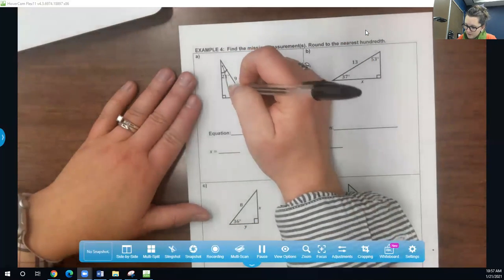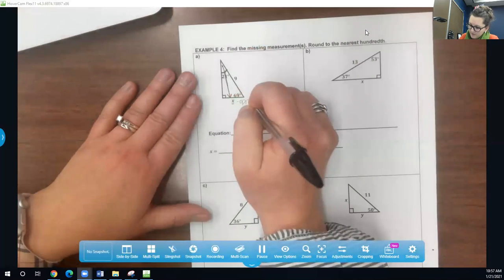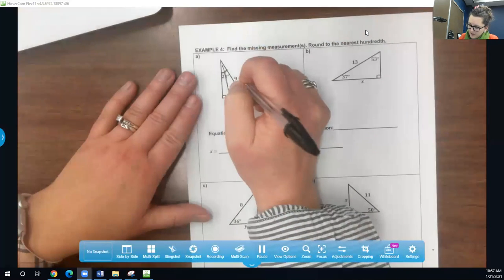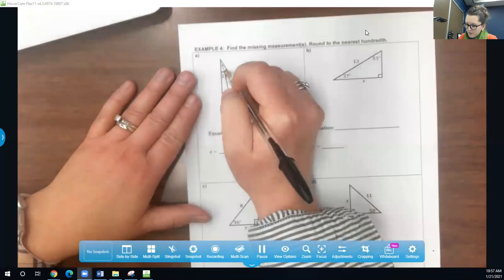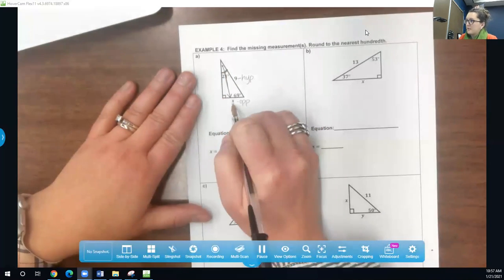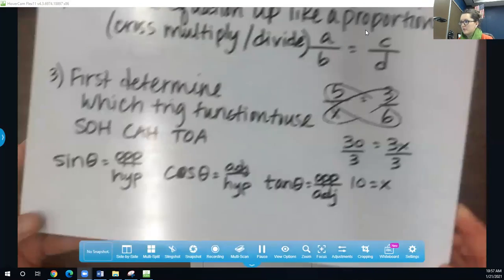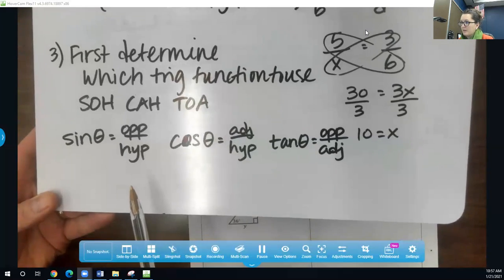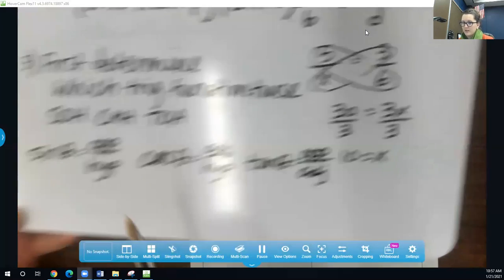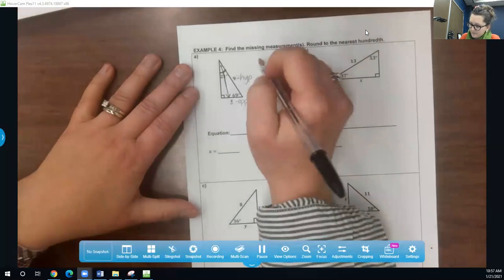Well, it looks like I have to go across the street to get to x, or across the triangle. So x is my opposite value. 9 is hypotenuse. So from 21, x is opposite, 9 is hypotenuse regardless. So I'm going to look at my trig ratios and see which one has opposite and hypotenuse. It looks like sine. So that's the one that we're going to be doing.